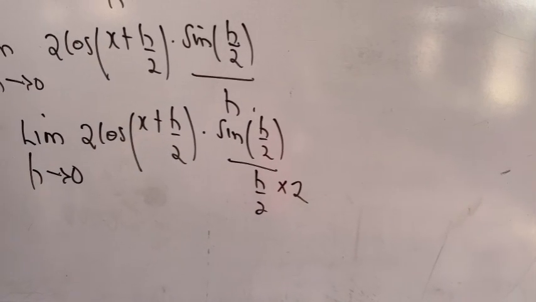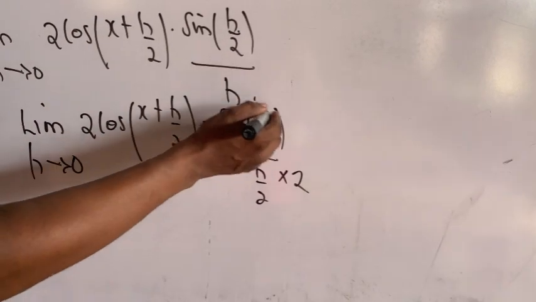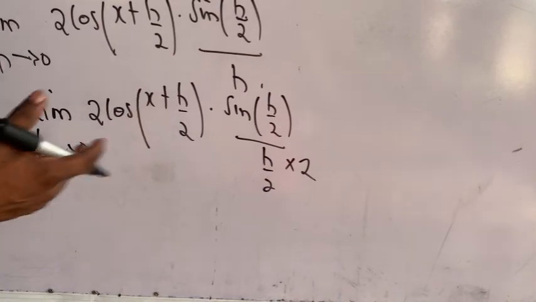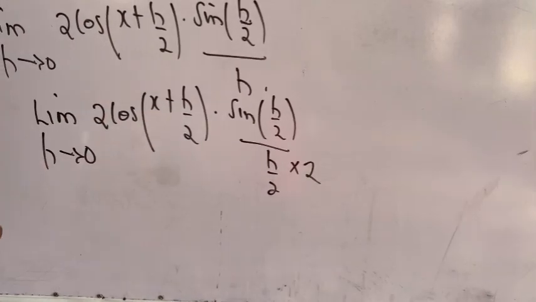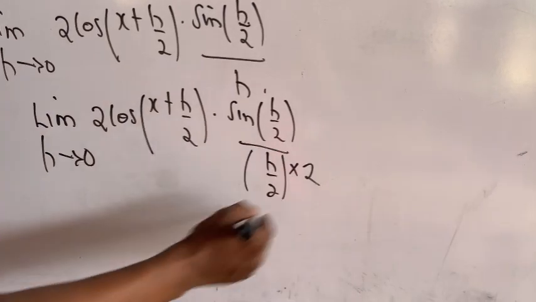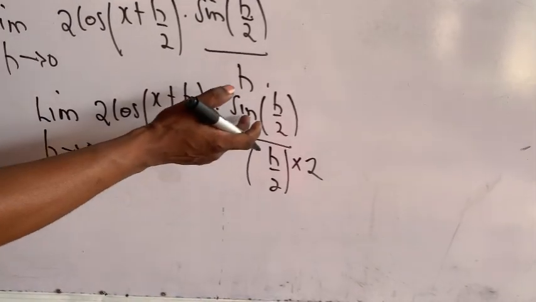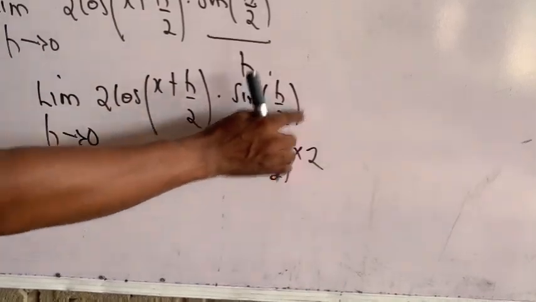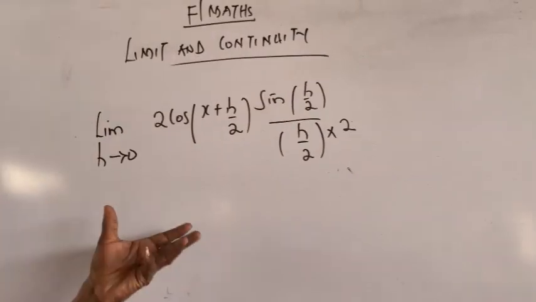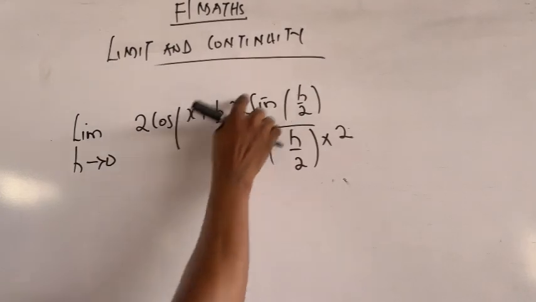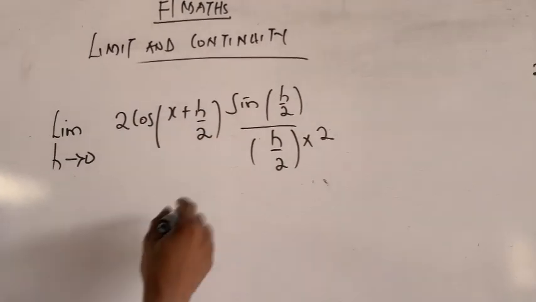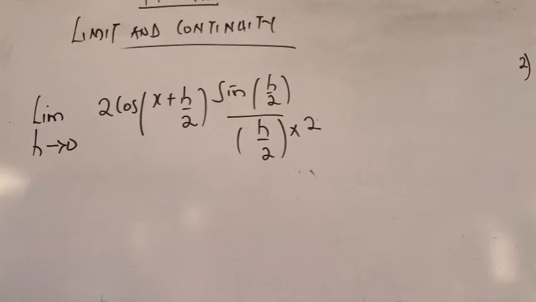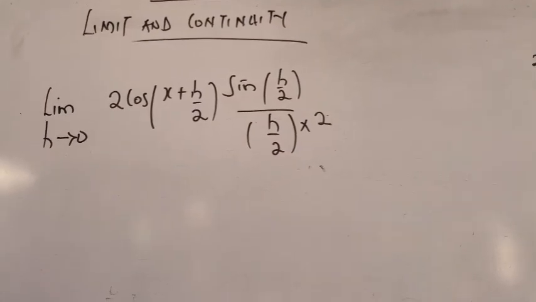Nothing changed. The reason I'm doing that, I want to make sure whatever I have after the sine is equal to what I have in the denominator. That's the only way it can follow the concept of special limits. So you can see now, what I have here is what I have here. So by h approaching 0, this whole expression is applying the concept of special limit now. This whole expression here is equal to 1. Why is it so? According to special limits, what I have after the sine must be equal to what I have in the denominator. With that, it becomes 1.